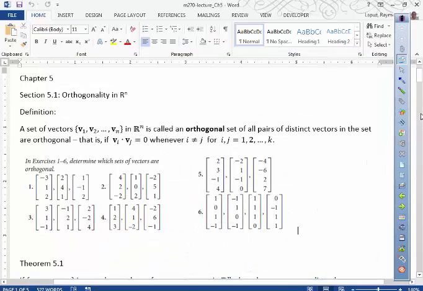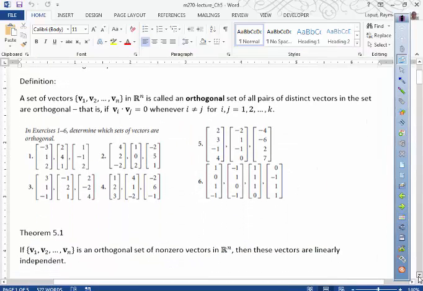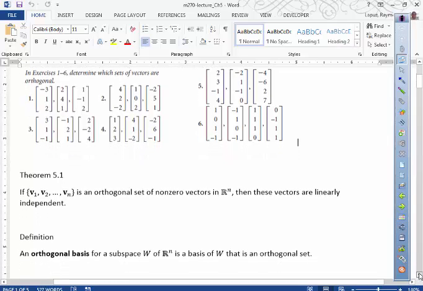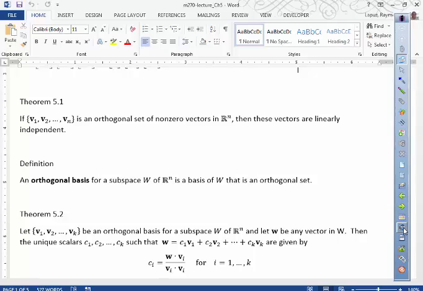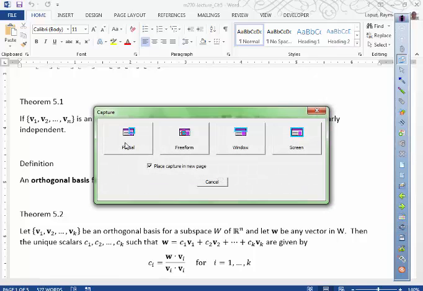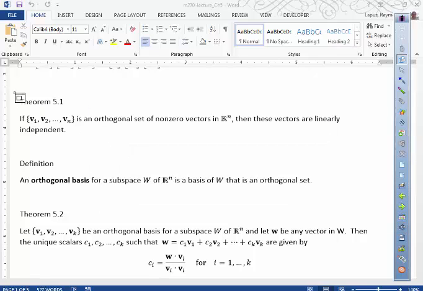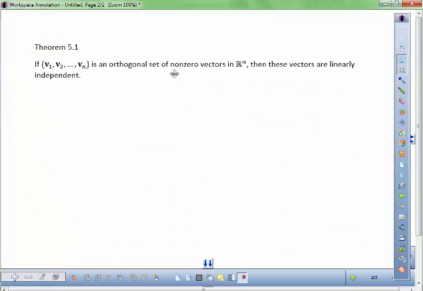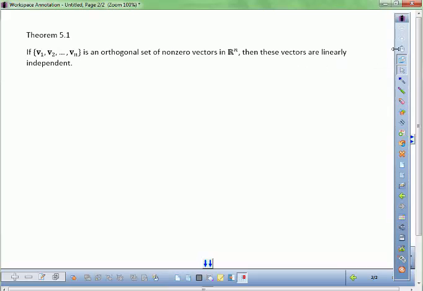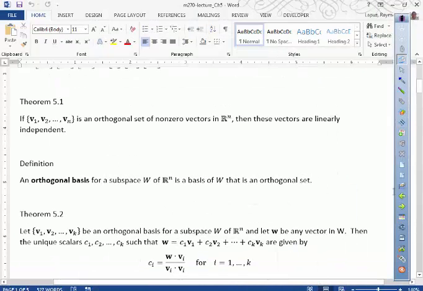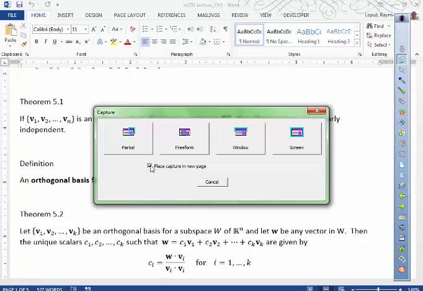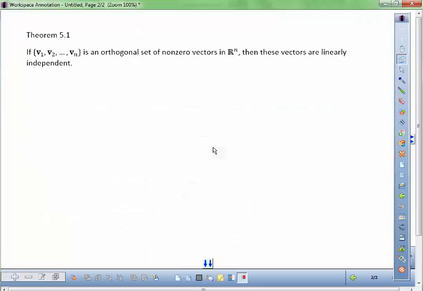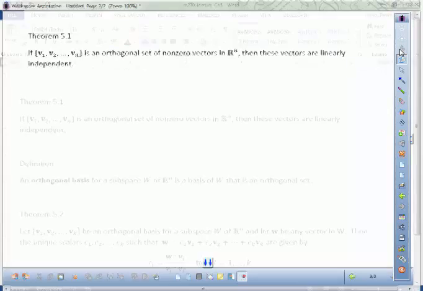All right, so let's take a look at some theorems here. This is something that was kind of mentioned already, and we said that they're linearly independent. And then the next is a definition.